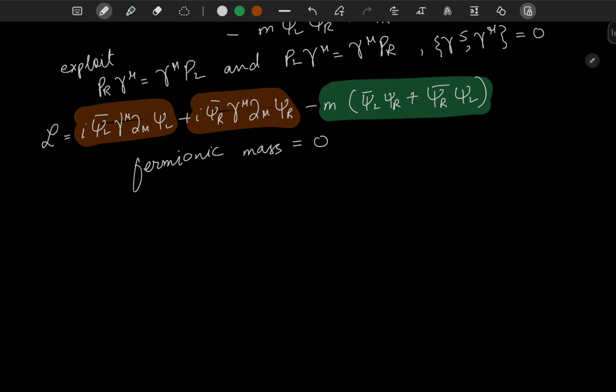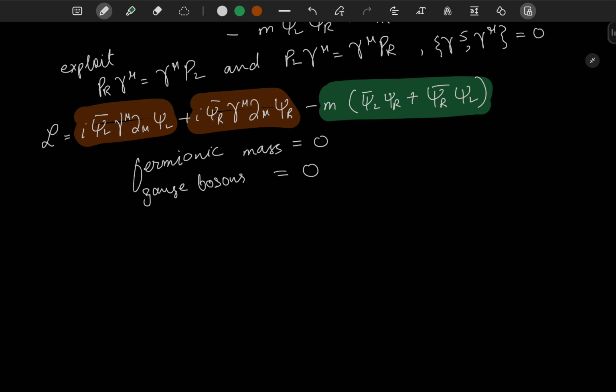Another thing is that in QCD and QED, the gauge principle required that the gauge bosons must be massless. So gauge bosons and fermionic mass will be 0 from now on.